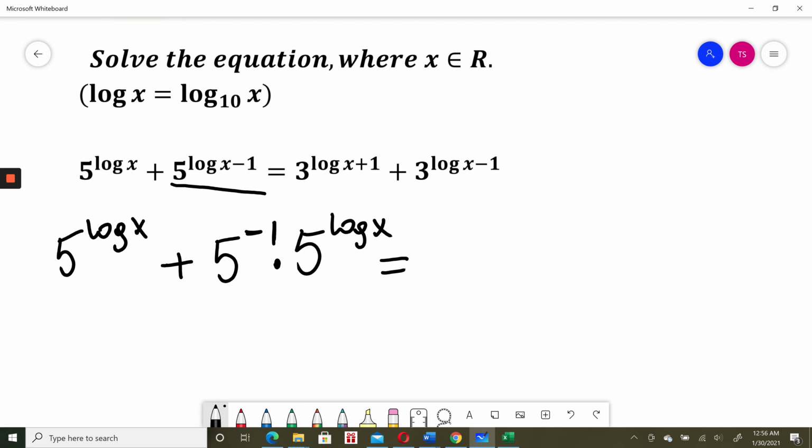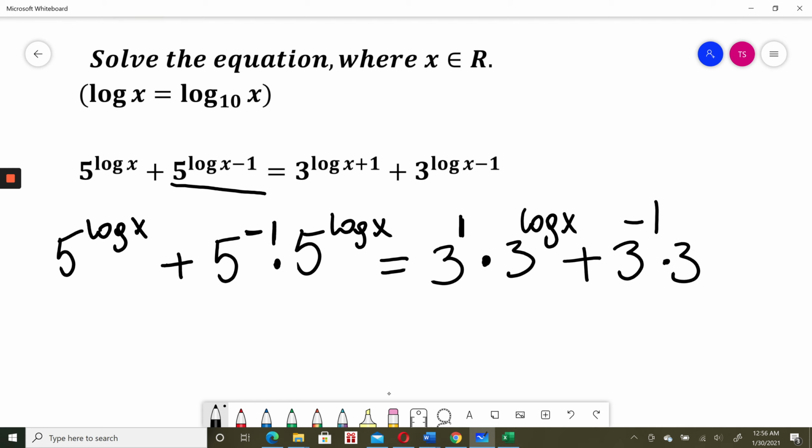Continuing the same way, the same method, I will write it 3 to the power of 1 first, times 3 to log x. And the same here, plus 3 to negative 1 times 3 to log x. We have the first step.